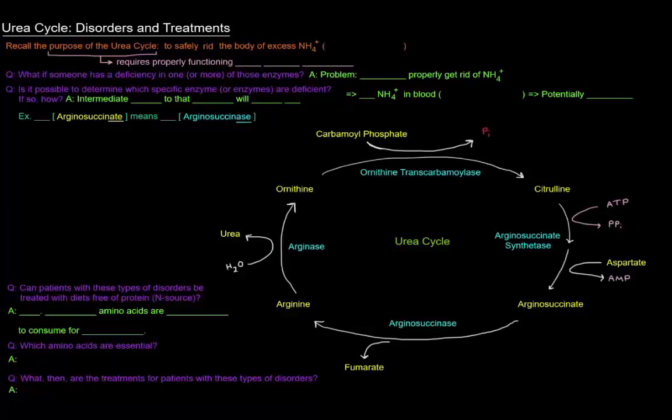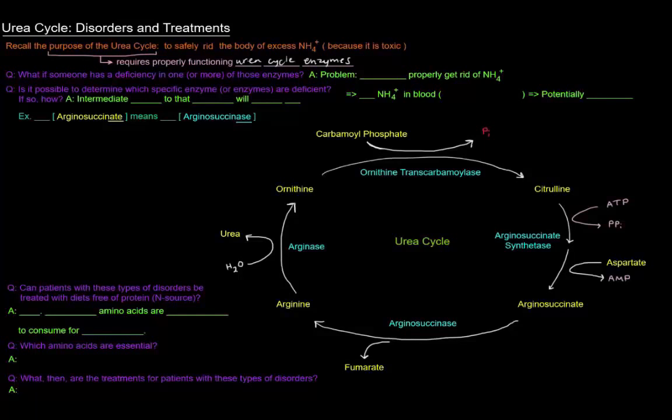Okay, so if you recall, the purpose of the urea cycle was to safely rid the body of excess ammonium ion because it is toxic, right? And of course, the urea cycle requires properly functioning urea cycle enzymes because those enzymes are what actually allow the processing of that excess ammonium ion.